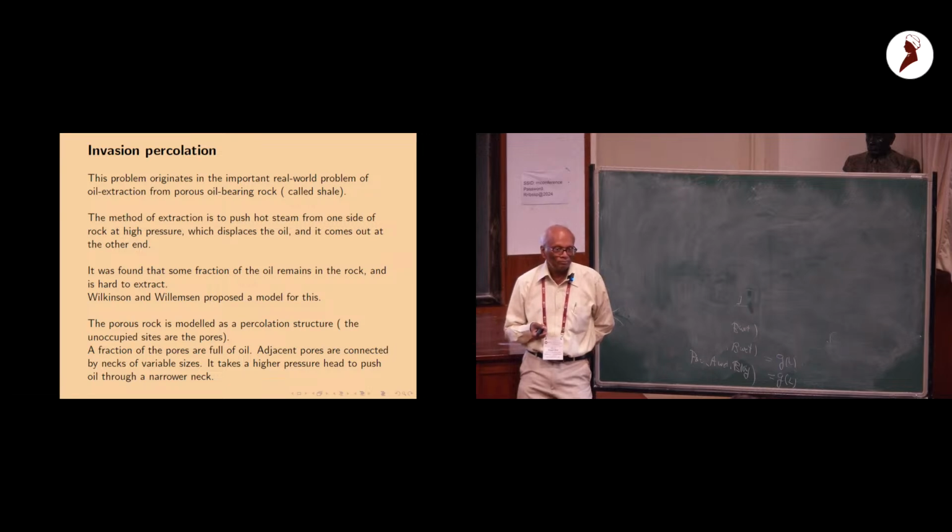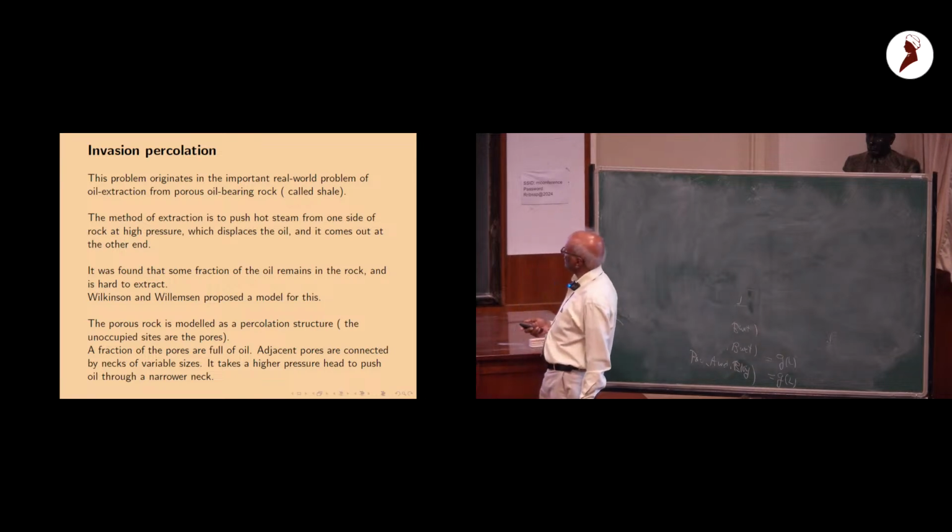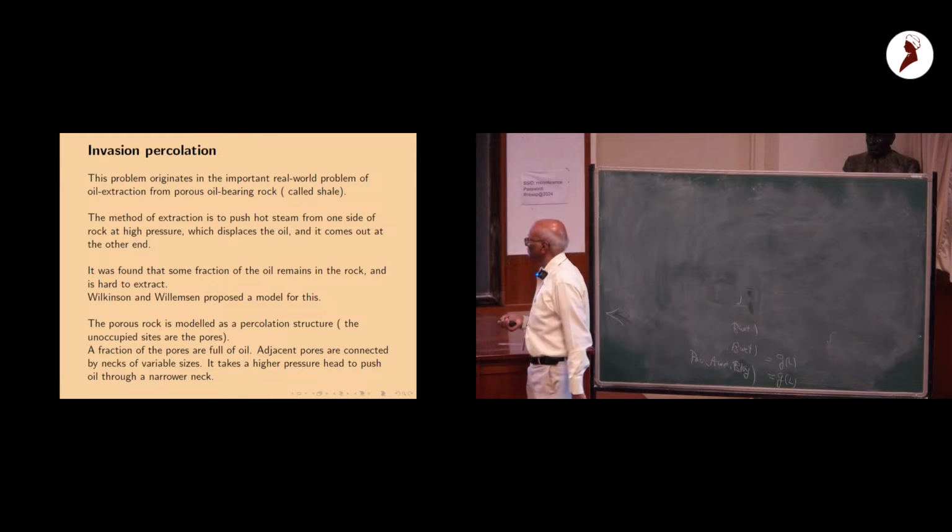So some theoretical physicists were studying this problem, and they came up with a model of how the steam invades the porous rock, and that is called invasion percolation. So the problem originates in real world problems: push hot steam and a fraction of oil remains, and these are the people Wilkinson and Williamson.